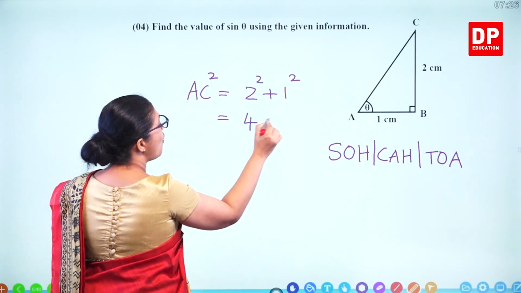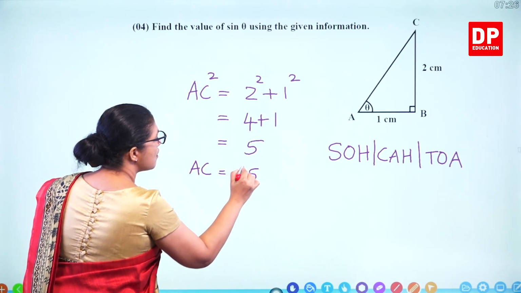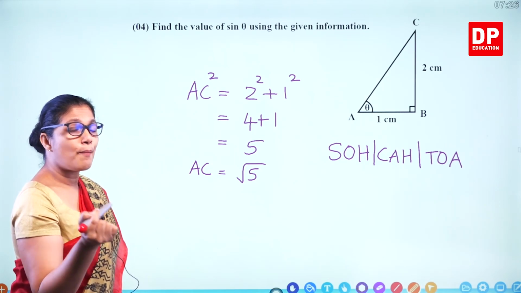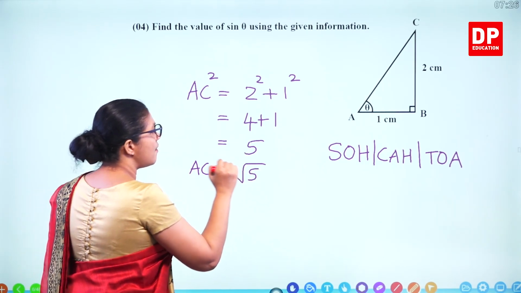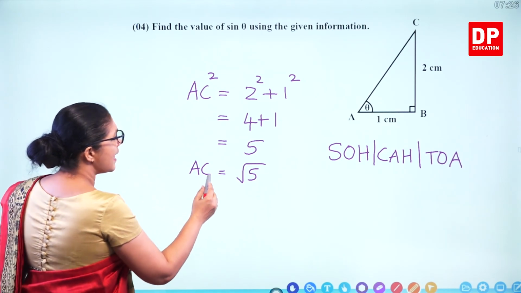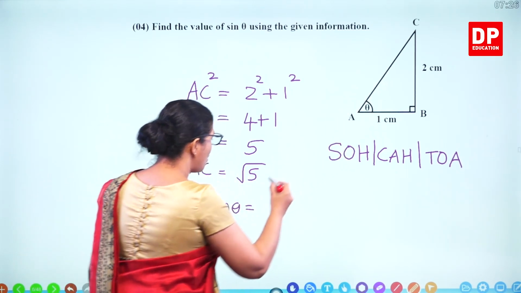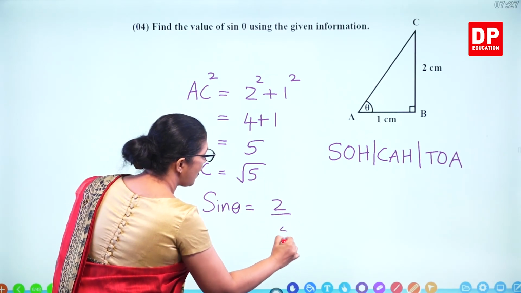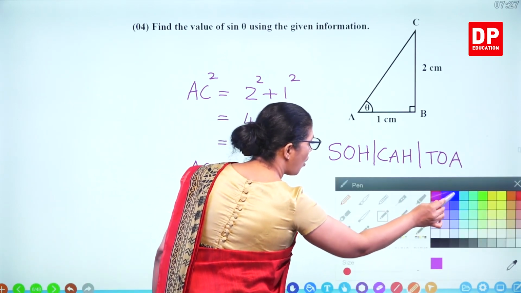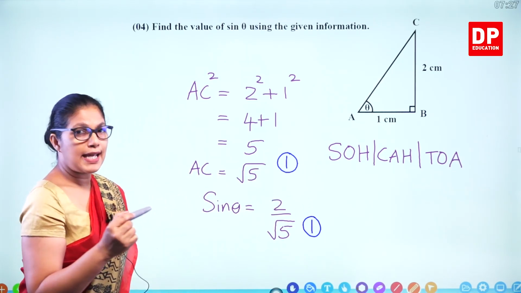So 2 squared is 4, 4 plus 1, 5. So AC becomes square root 5. So here when you take the square root, you can get plus or minus, but we take plus root 5 because this is a length. So what is the sine theta value then? Sine theta is opposite, which is 2, over hypotenuse, root 5. So 2 over root 5. 1 mark for finding the answer here. 1 mark for finding the length of AC.